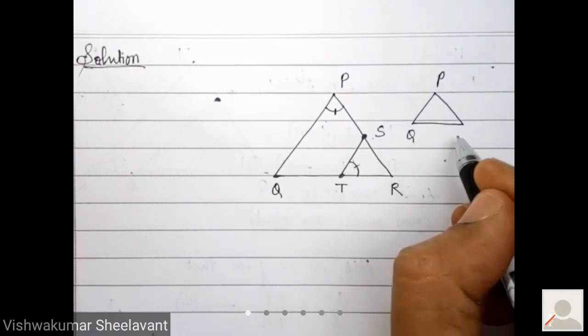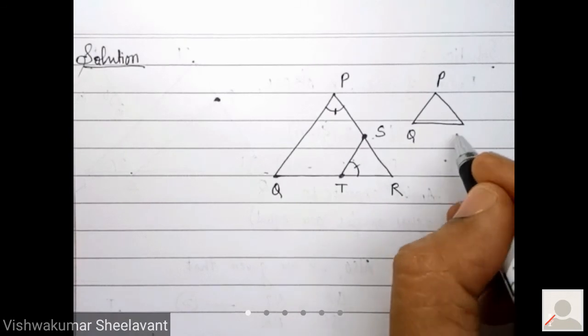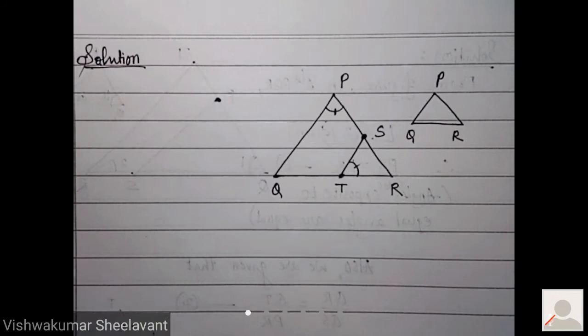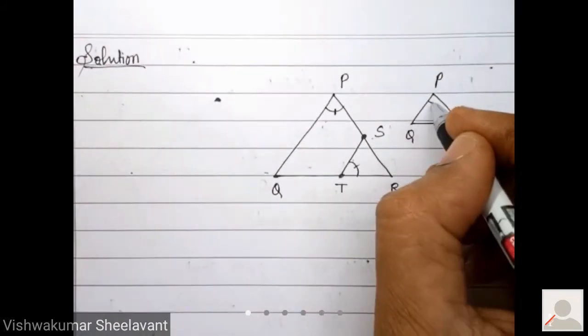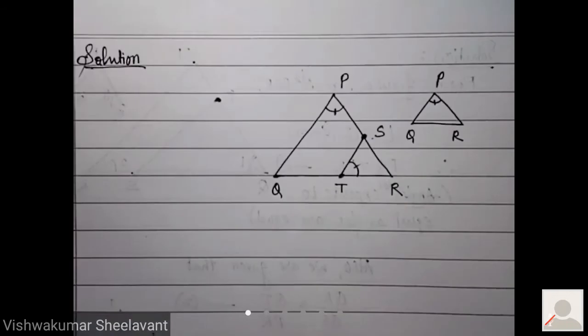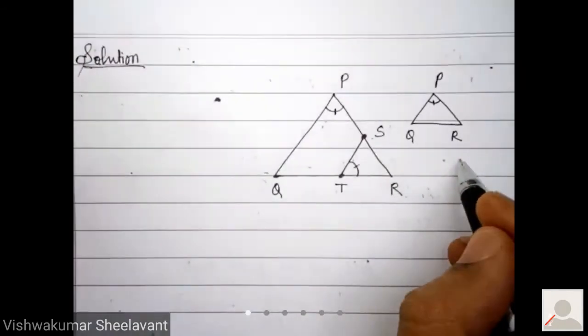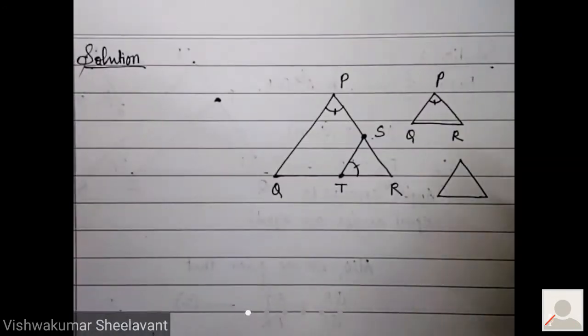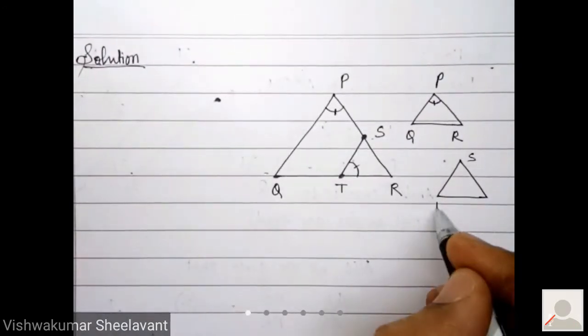See, you have to break the diagram into pieces such that each piece is useful to us. So here is one angle, and here you draw another triangle. Size may be anything, don't worry. For you, understanding is important.